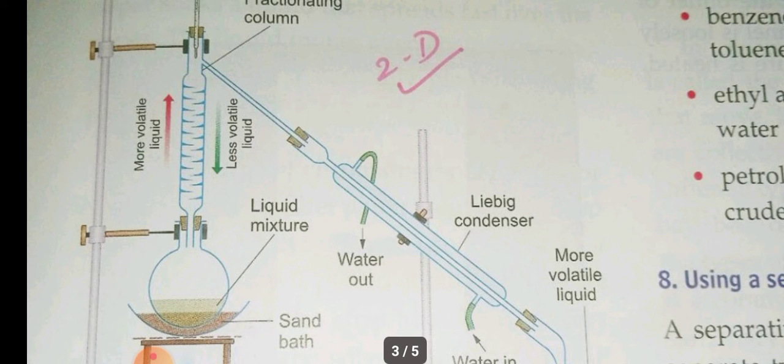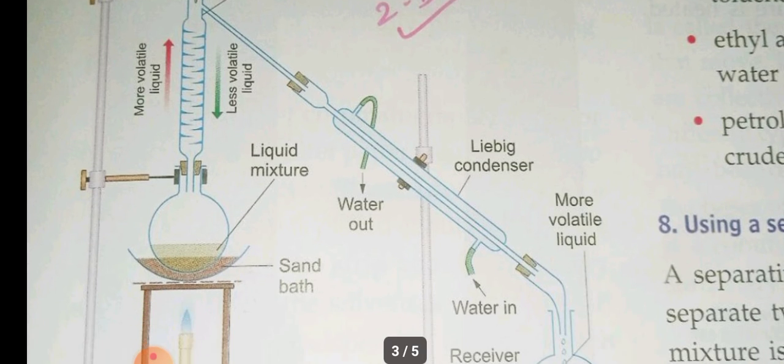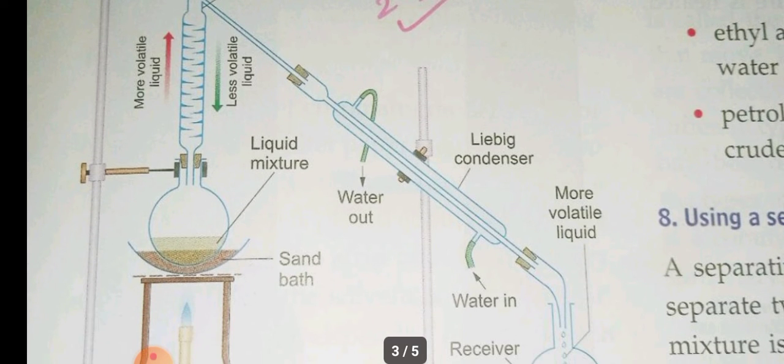In the Liebig condenser, the condensation process takes place. The hot vapors will be converted into liquid. How? The narrow tube is there, isn't it?